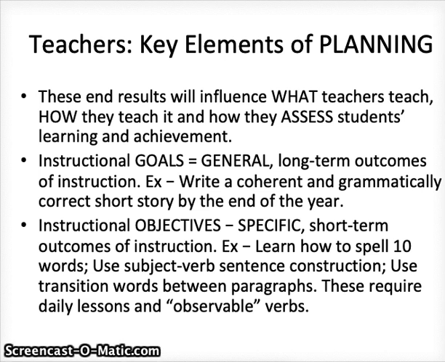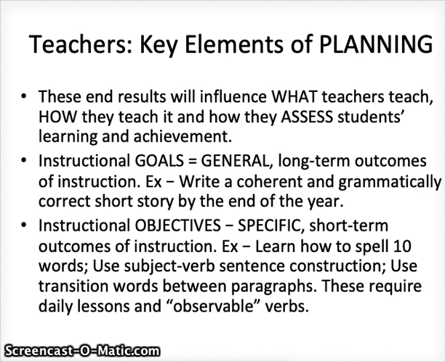So that's where objectives come in, which are more specific short-term outcomes. These specific short-term objectives are often the steps or building blocks to get to the general long-term outcomes that you've identified as a goal. Okay, so for example, if we stick with writing the coherent and grammatically correct short story as our goal, some specific objectives would be learning how to spell 10 words, using subject-verb sentence construction, using transition words between paragraphs.